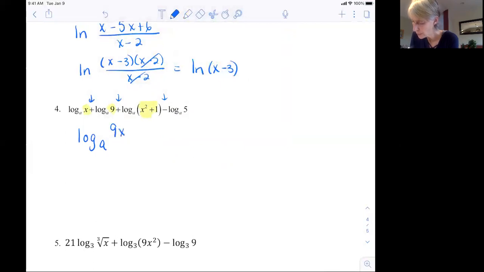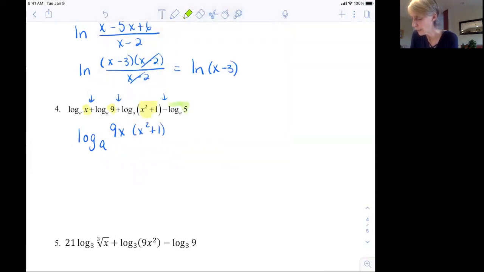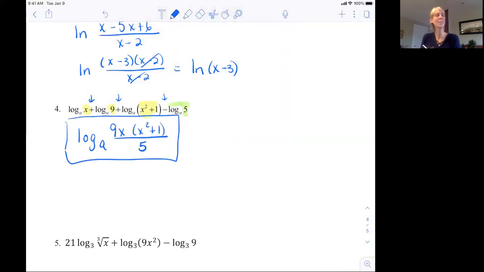So 9 times x squared plus 1. And we're going to be subtracting or dividing, divided by 5. So these examples, they're not too challenging, but they do take practice and you have to be careful.